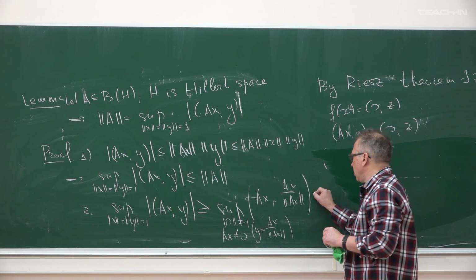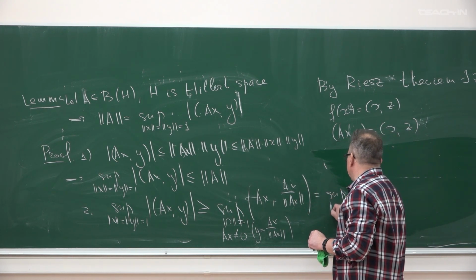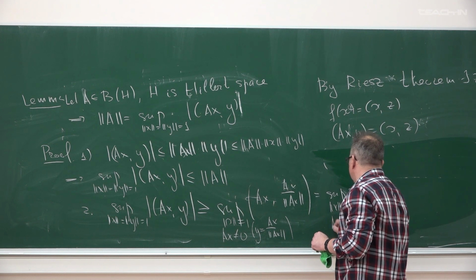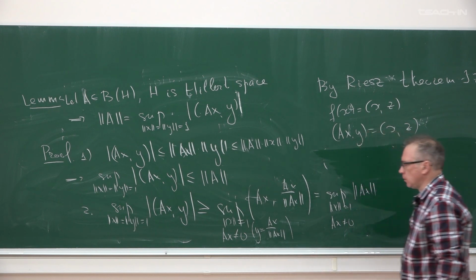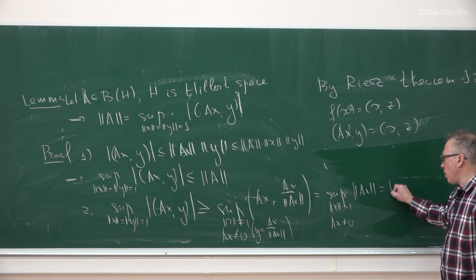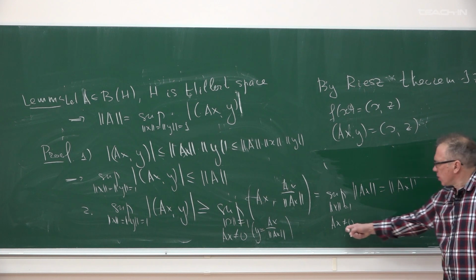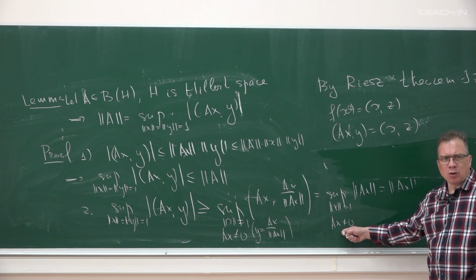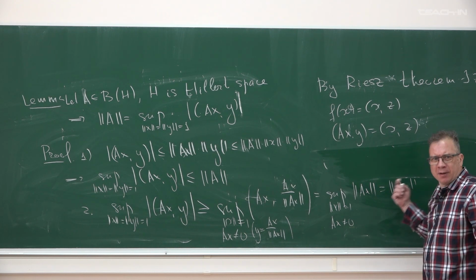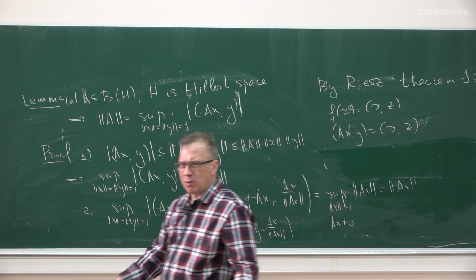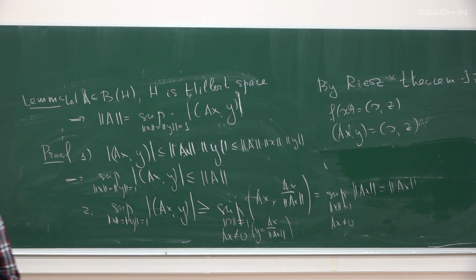So we obtain the norm of Ax. Of course it is equal to the norm, because these conditions do not influence the operator A if we want the supremum. So I think we proved the equality.